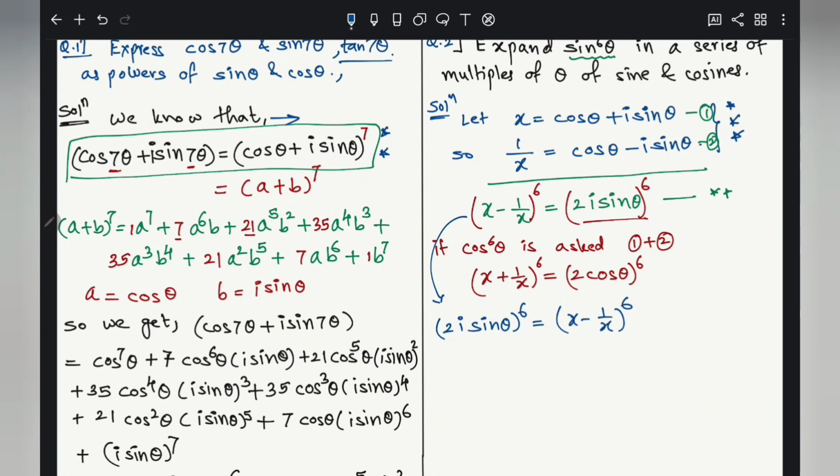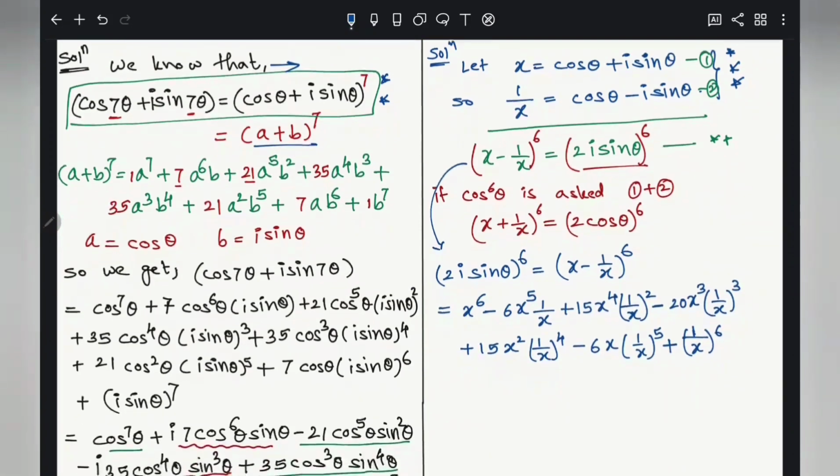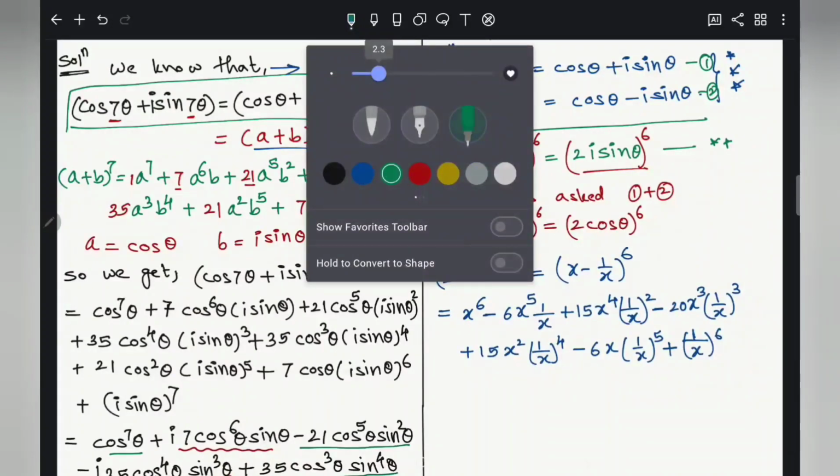So binomial expansion formula, as you see here, on similar lines we have to use the formula for raised to 6. So here I can say it is equal to x raised to 6. For 6 the coefficients are 1, 6, 15, 20, 15, 6, 1. So here we have written the expansion for x raised to 6.